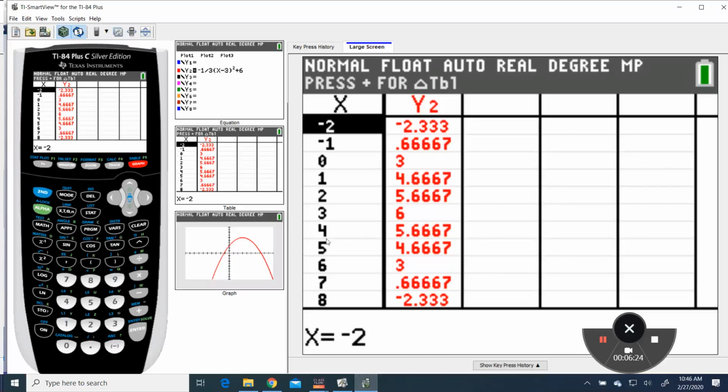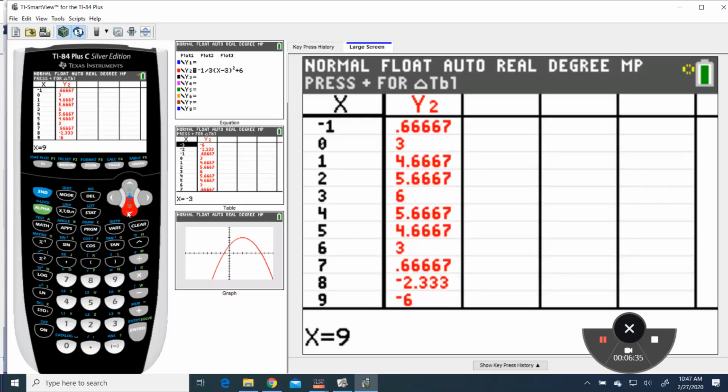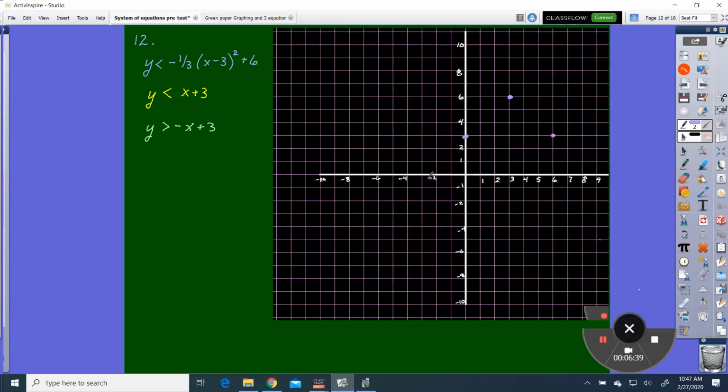Okay, if you want to go to your calculator, you can find another one. Negative 3, negative 6. 9, negative 6. Okay?